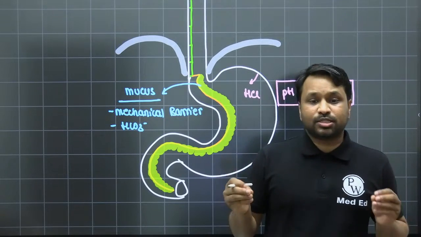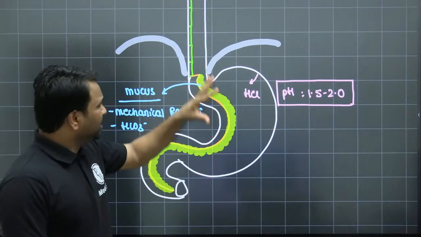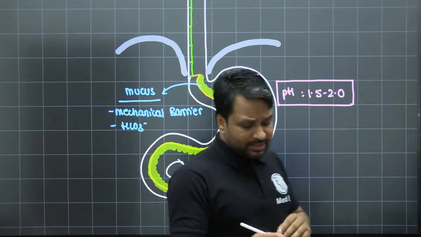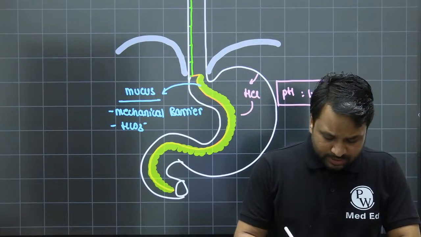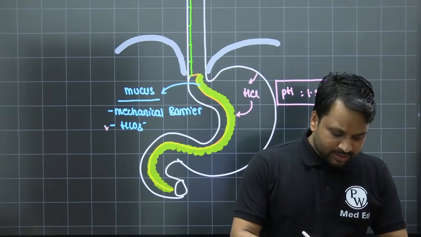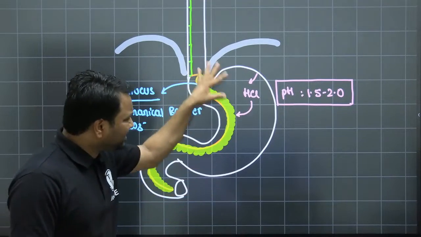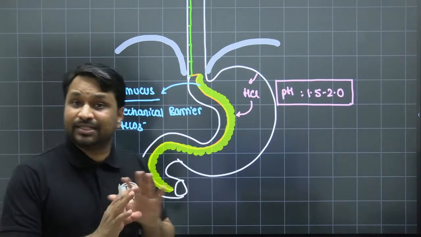Now imagine such a concentrated acid secreting into the stomach does not cause any problem because this mucus which is present here is going to act as a barrier. Another interesting thing is because it consists of bicarbonate, when the acid combines with the base, it neutralizes it. So hence the underlying surface is unfazed. There is no problem at all.